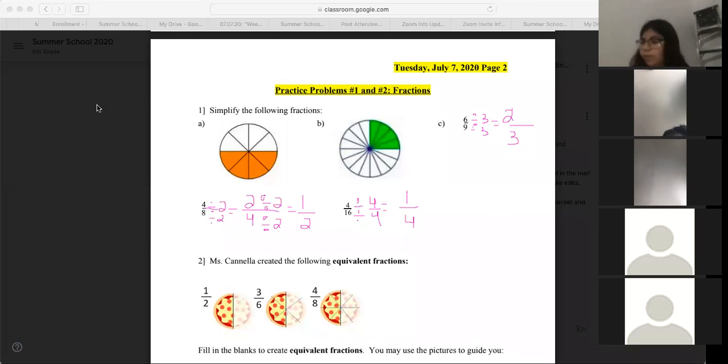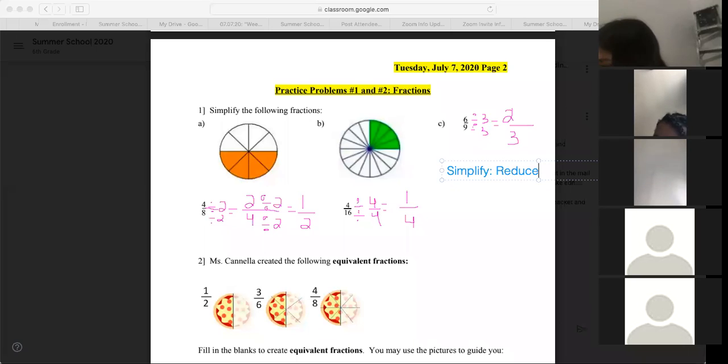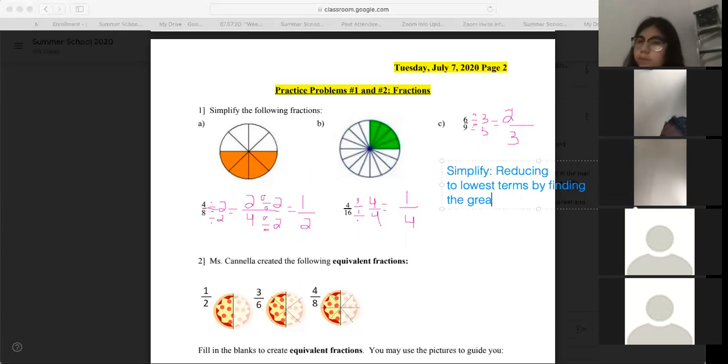Again, I'm going to type up a note here. When you simplify, we are actually reducing to lowest terms by finding the greatest number that goes into the numerator.